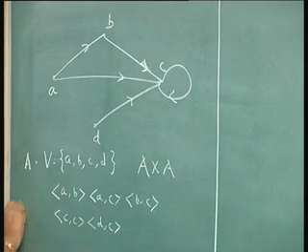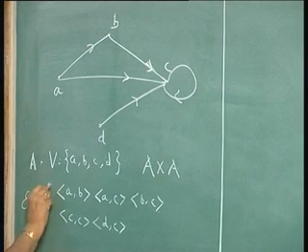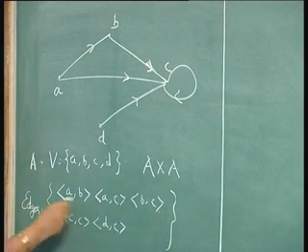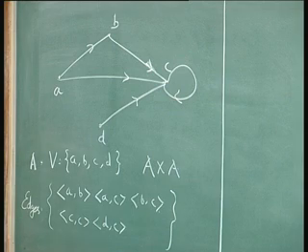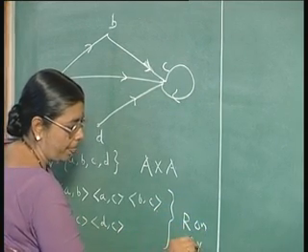So, these are the edges of the graph, and they represent a binary relation R on A cross A.